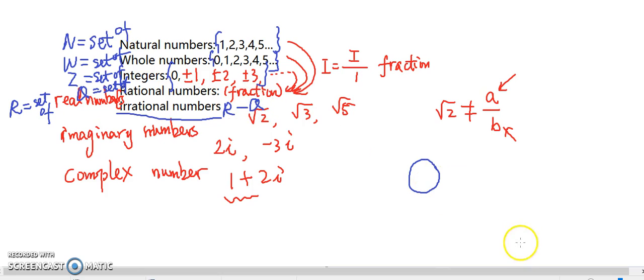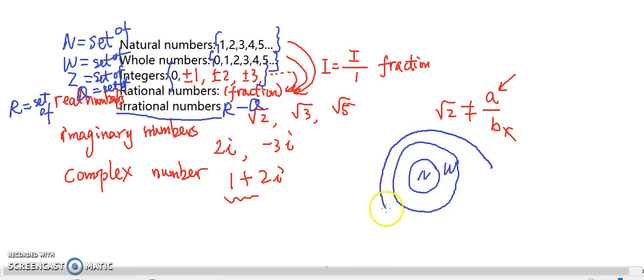So if we draw a circle to represent this, we put all the natural numbers in this circle. And then if we add 0, we will get our whole number set. And then if we add all the negative integers, we will get the integer number set.